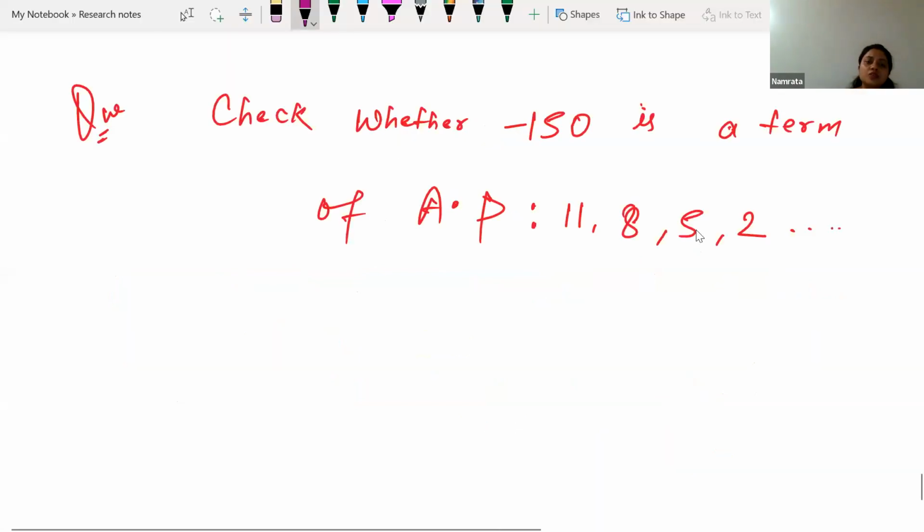Let's say the nth term is minus 150. Let's say an is minus 150. So let's check it. The formula for an is a plus n minus 1 times d. So minus 150 is equal to a plus n minus 1 times d.